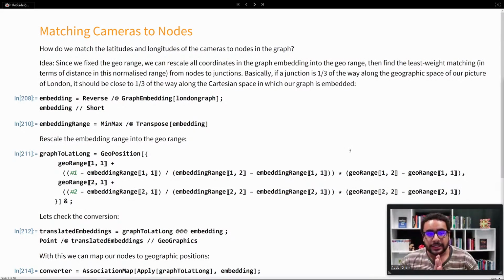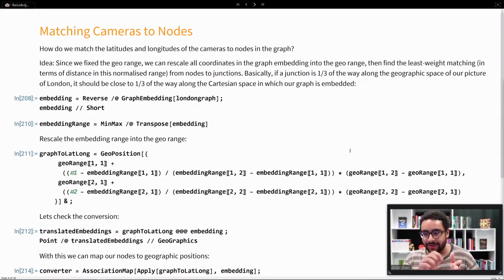So here's how I propose we solve this problem. And this is one reason why we calculated an explicit geographic range. Let's say in our geographic range, and I don't actually know what the number is, this is probably wrong, but let's say there's 5 degrees of longitude across London. I think it's way smaller, but let's say it's 5 degrees of longitude.